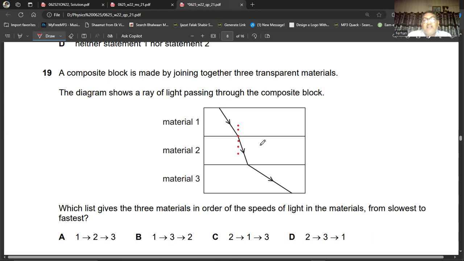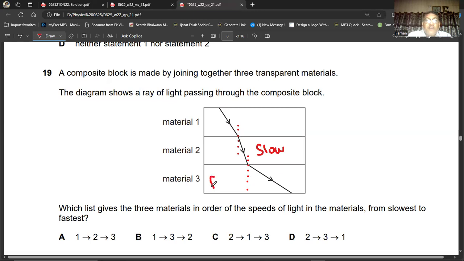So here the speed is slow as compared to material one. When it entered from material number two to material number three, it has bent away from the normal.